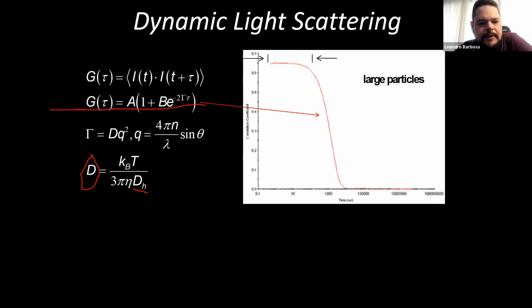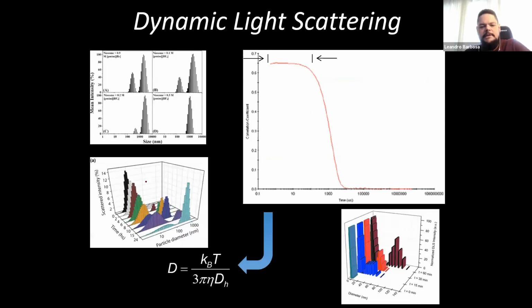This is the well-known Stokes-Einstein relationship between the translational diffusion coefficient and the hydrodynamic diameter, and this is valid only for spheres in solution. Of course, several papers in the literature report this kind of information, but you should bear in mind that this is true only if you have the Brownian motion taking place in your system. And with this information, you can calculate some interesting behavior.